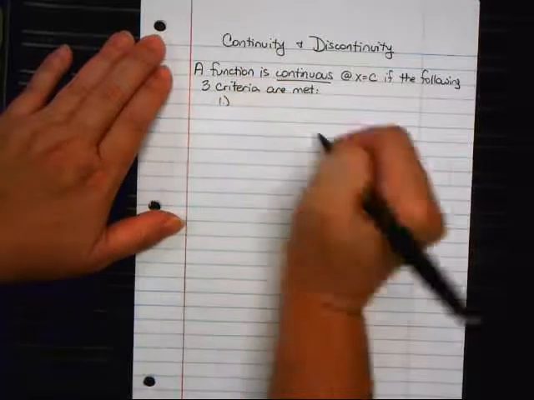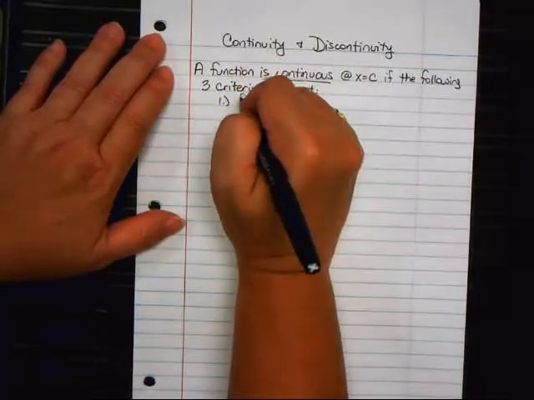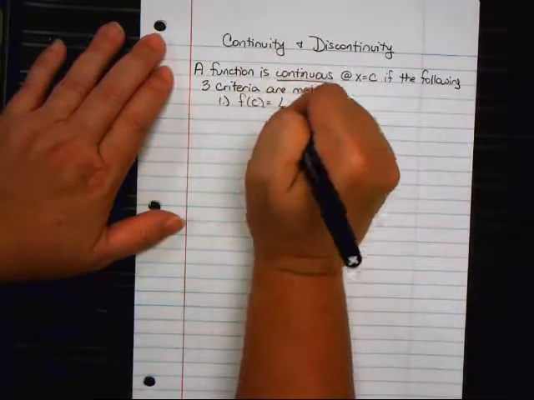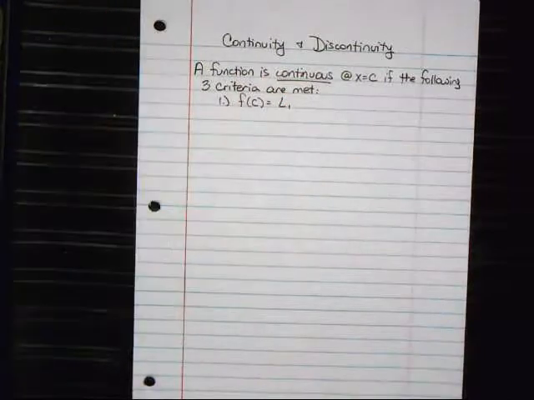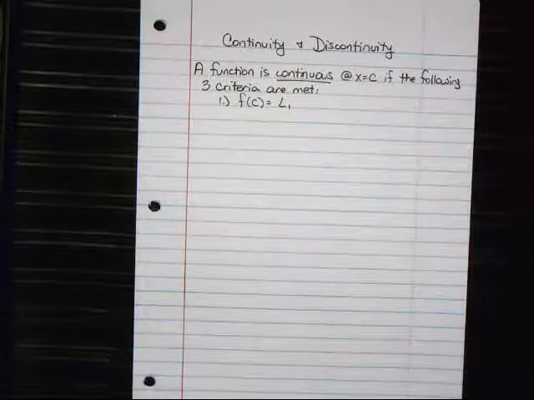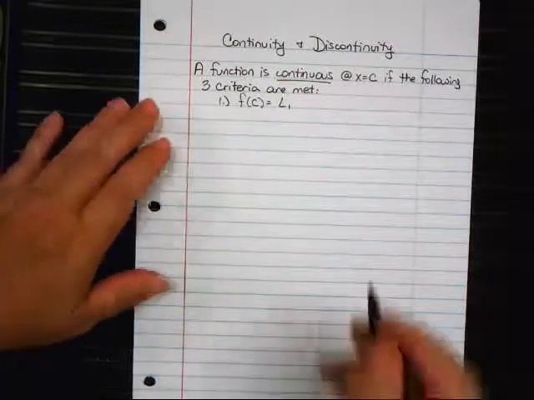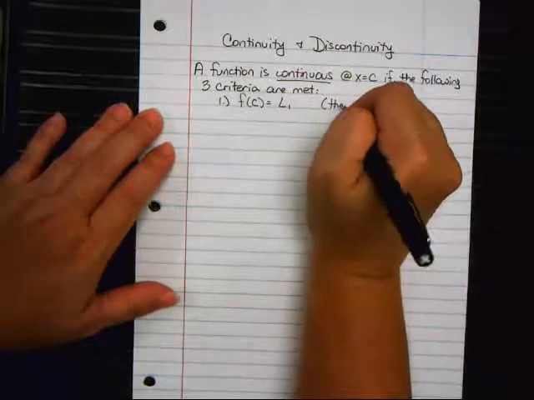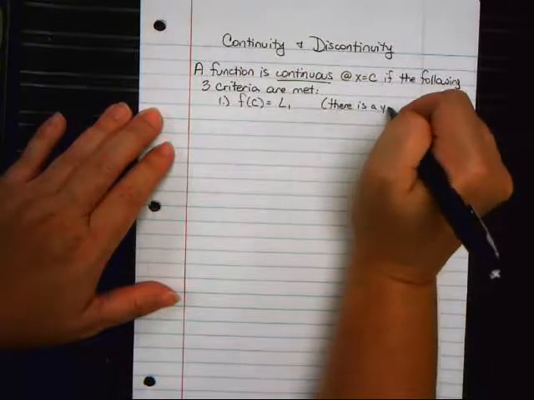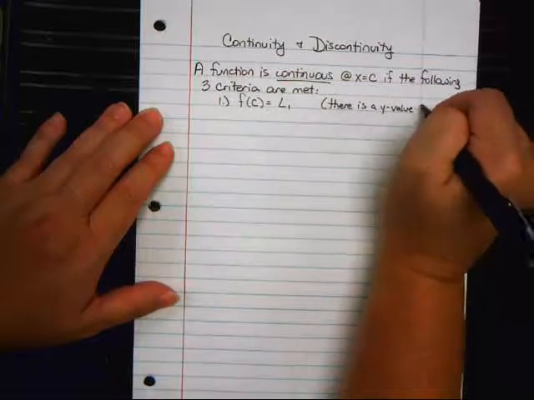So, criteria number one, f of c has to equal some number we'll call L1. In other words, there is a y value. There's a dot. So in simple English, there is a y value at L1.